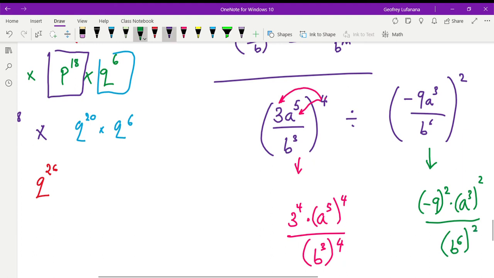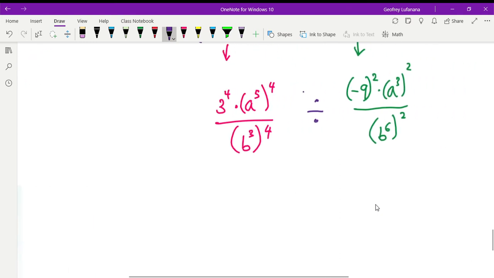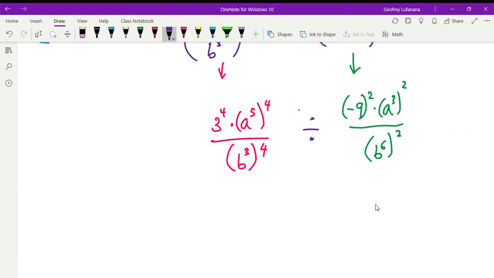I still have my division sign in between here. I'm working on them separately so that I don't mix up anything. Now 3 to power 4 is a number, so we can evaluate that. 3 to power 4 is 3 times 3 times 3 times 3, which gives us 81.